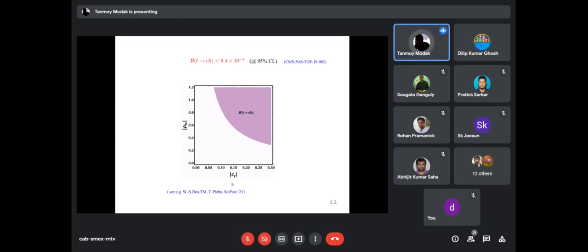You can see roughly what value you need for baryogenesis, roughly 0.5. So around this value, if I just draw a line, it hits roughly around 0.15 or so. You can see that this value is roughly excluded, or you already have some constraint. If you go to 0.2, you can already see that the parameters for baryogenesis are already excluded.